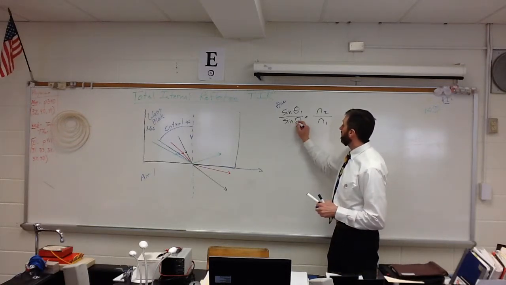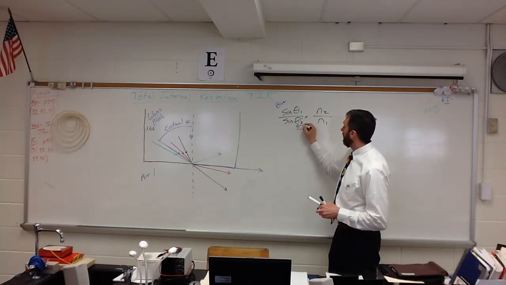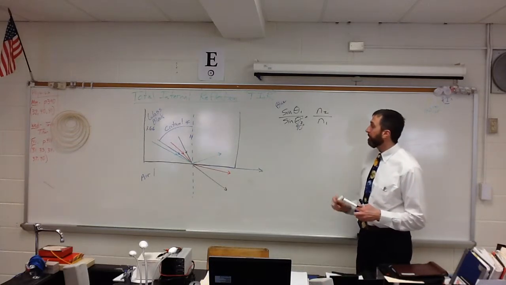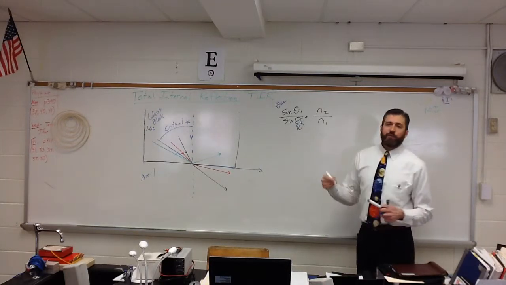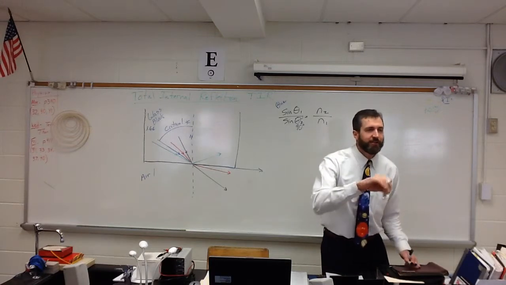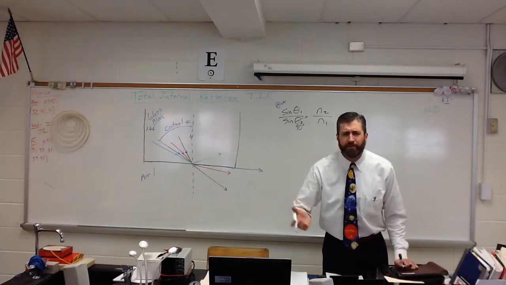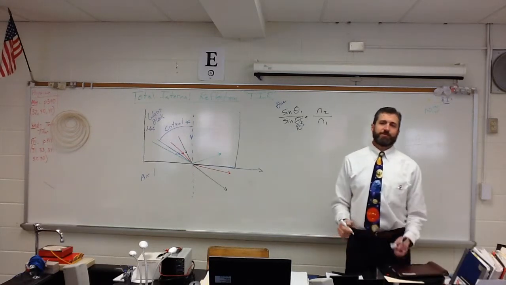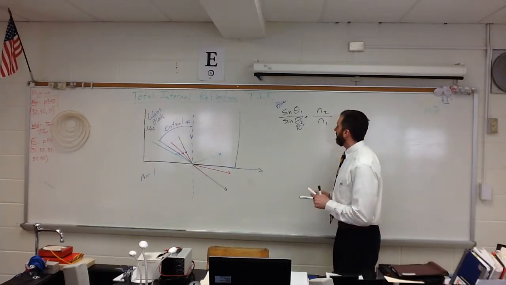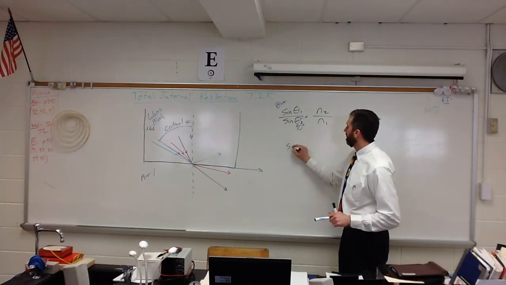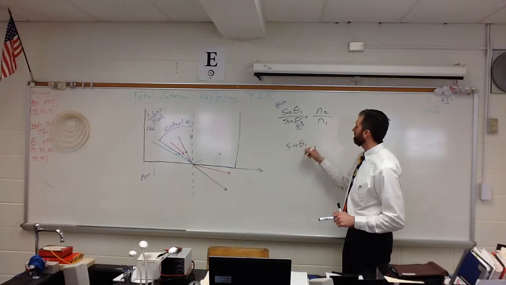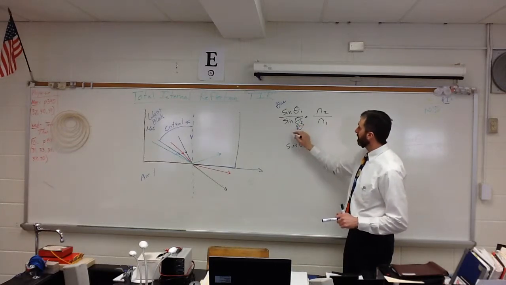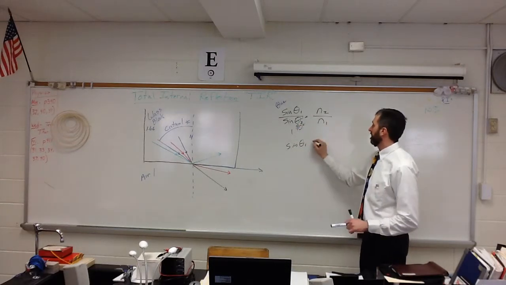This is the sine of 90 degrees. Can you see that? And if you take your calculator for a minute, you do the sine of 90 degrees, or if you're just good in math and you remember, what does it give you? 1. So actually what happens is the sine of theta 2 goes away because it's a 1. It's gone.